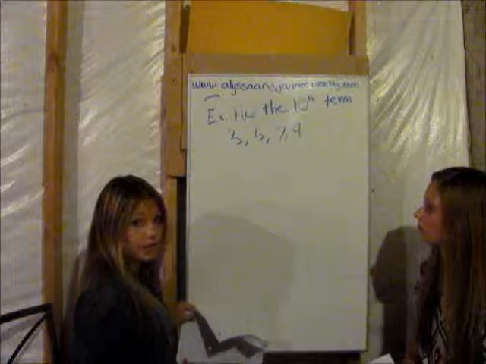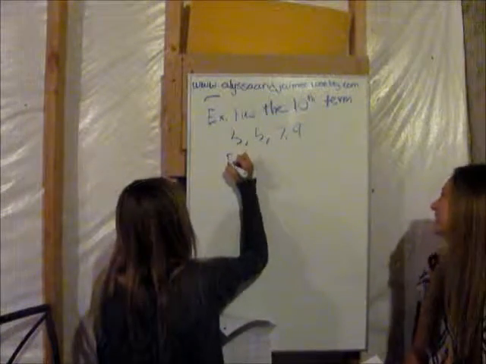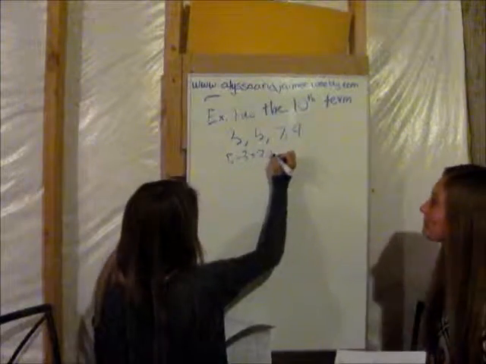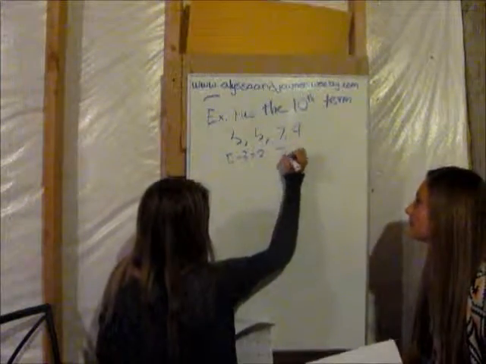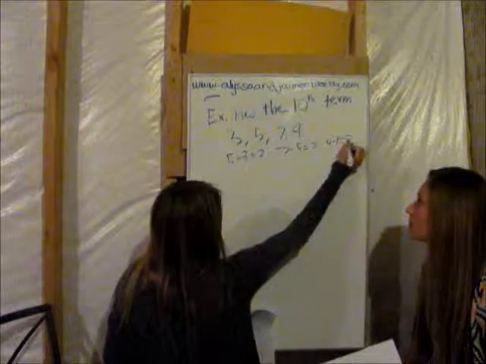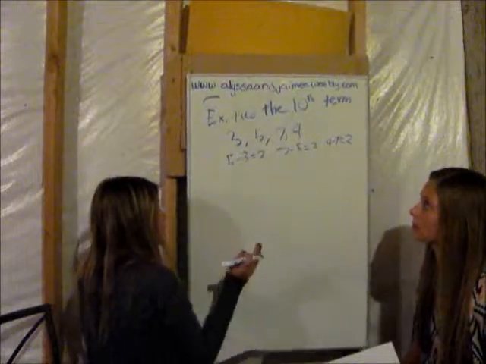You have to start out by finding the D. You take the second one and subtract the first, and that equals 2. Then take the next one, subtract 5, that equals 2, and then 9 minus 7 equals 2. So you find that that's a common difference.